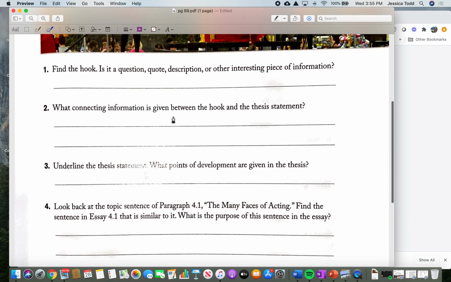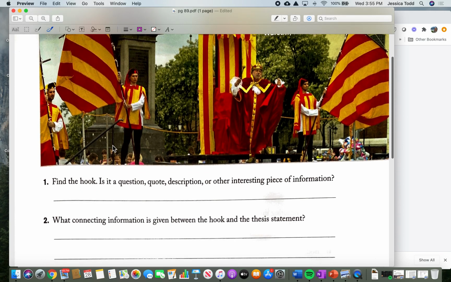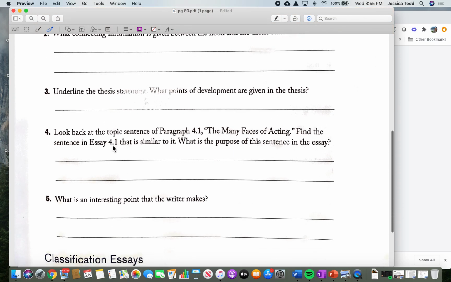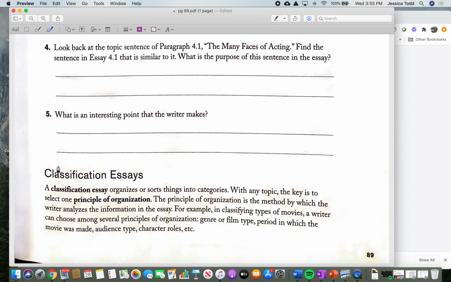It looks like this. At the top, there's a picture of some stage actors performing a fairy tale for children in Poland. And then these are the questions that we talked about for homework last time about the essay. At the bottom, I'd like you to take a look where it says classification essays.